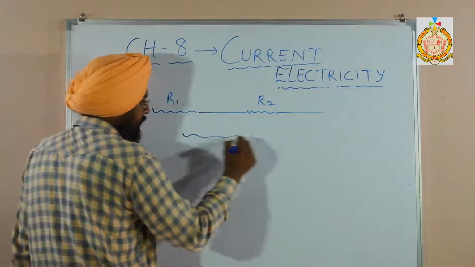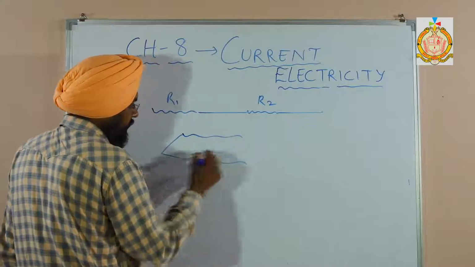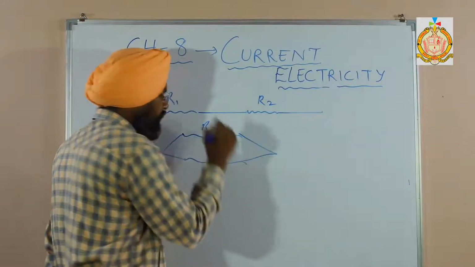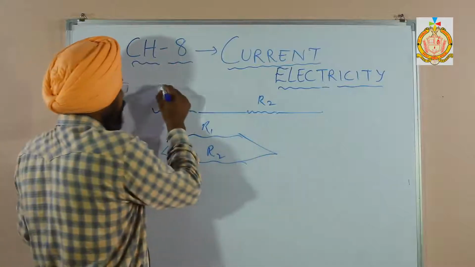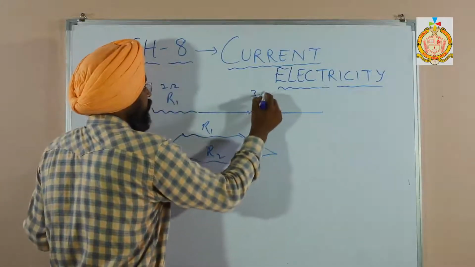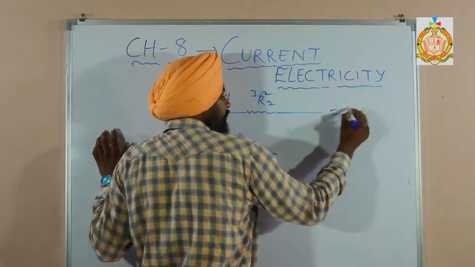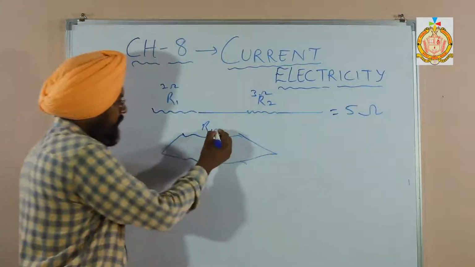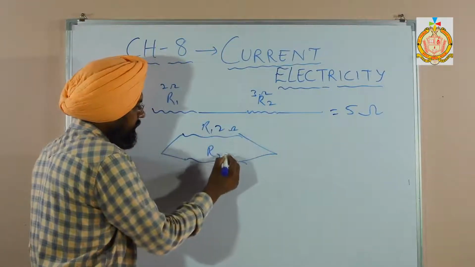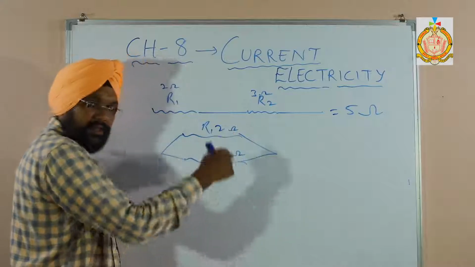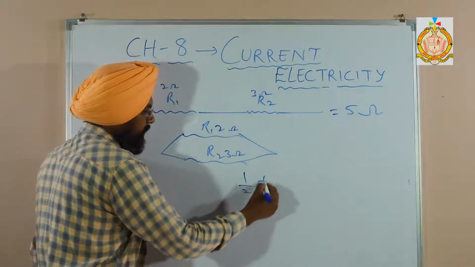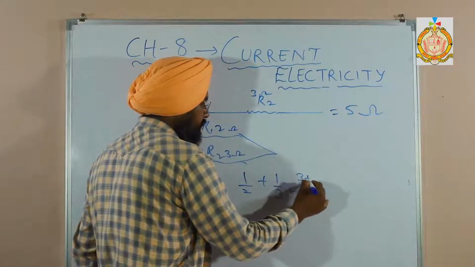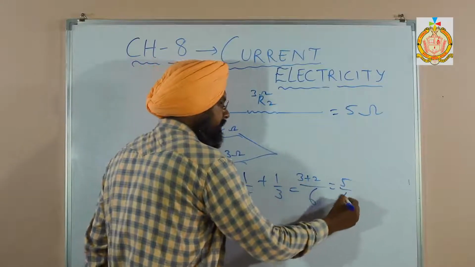When two resistors are connected in parallel, the resistance is divided. Suppose one is 2 ohm and the other is 3 ohm. In series, the total resistance is 5 ohm. In parallel, 1 over R is 1 over 2 plus 1 over 3, which is 3 plus 2 over 6, that is 5 over 6.